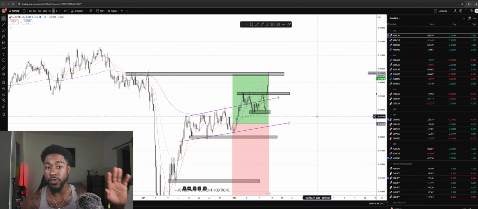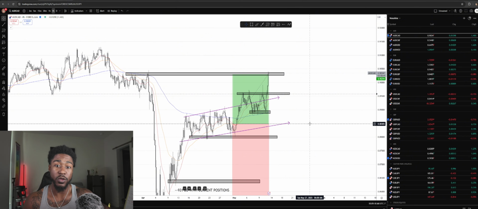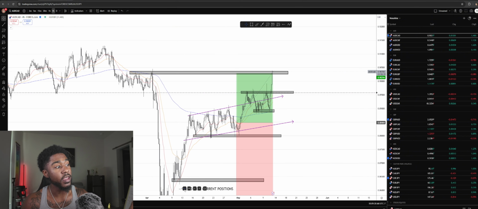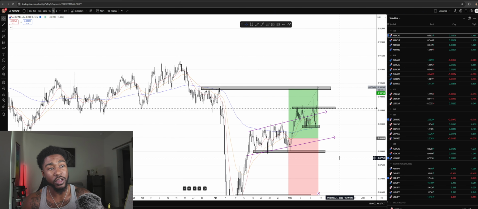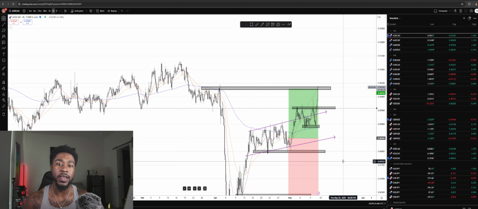Now, hopefully I didn't lose you. All I'm doing from there is looking at market structure to look for buys, because I have a bias on a strong Australian dollar and a weak Canadian dollar. If you don't look at fundamentals, I highly recommend you do, because that is probably the only reason I'm profitable today.